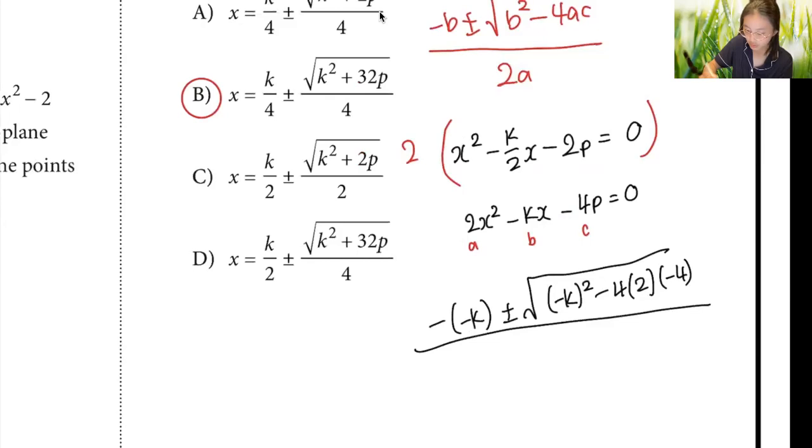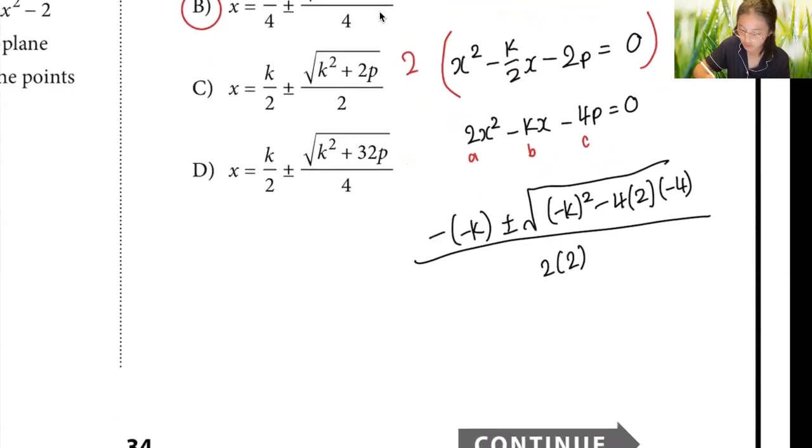Then this whole thing is over 2a, and a is 2.